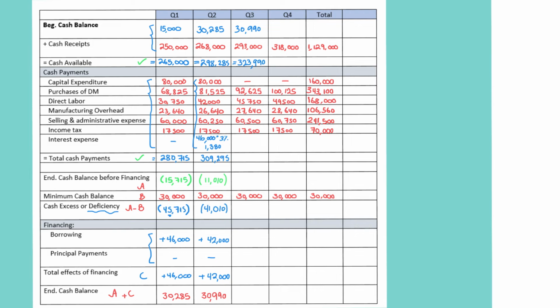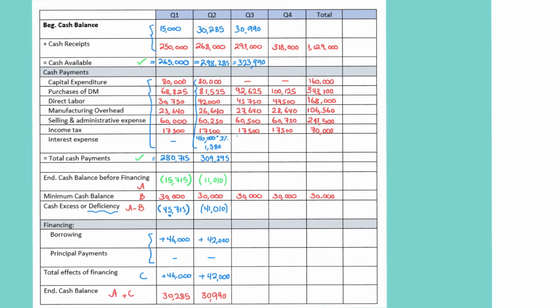Okay, what is my total borrowings now? In quarter 1 I borrowed 46,000. In quarter 2 I borrowed 42,000. So in total I borrowed 88,000. Okay, which is 46 plus 42. It's gonna be 88,000.